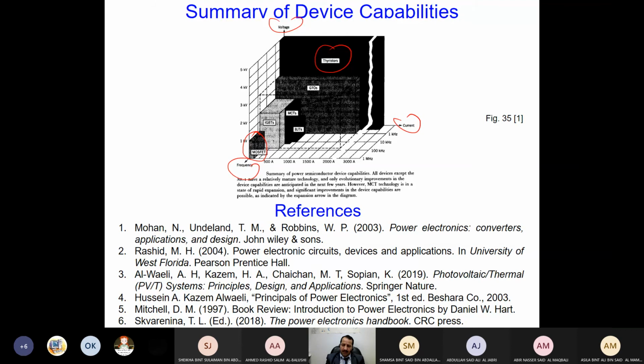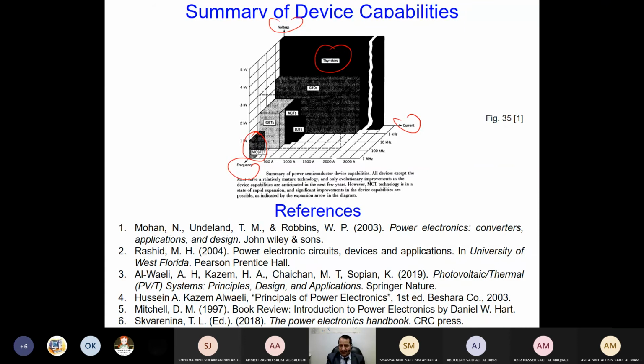What are the applications? Yesterday we talked about the applications in different sectors: in industry, in power plants, in, let me say, office appliances, in homes, in buildings, in space, and in transportation. And today we revised the semiconductor devices.